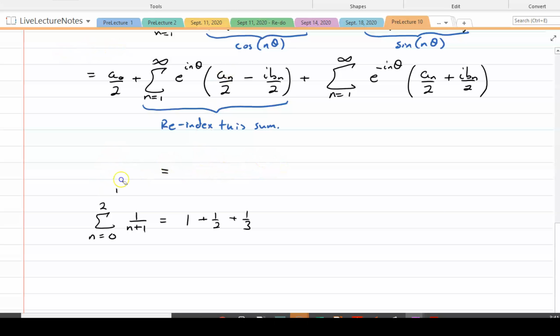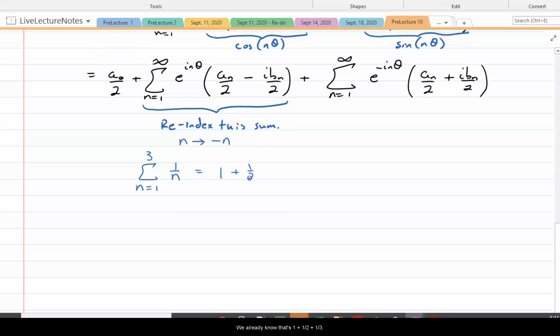Okay. So that was just an example. So I'm going to change n into minus n. Here's another simple example. What if sum n equals 1 to 3, 1 over n? We already know that's 1 plus 1/2 plus 1/3. What if I change n to minus n?